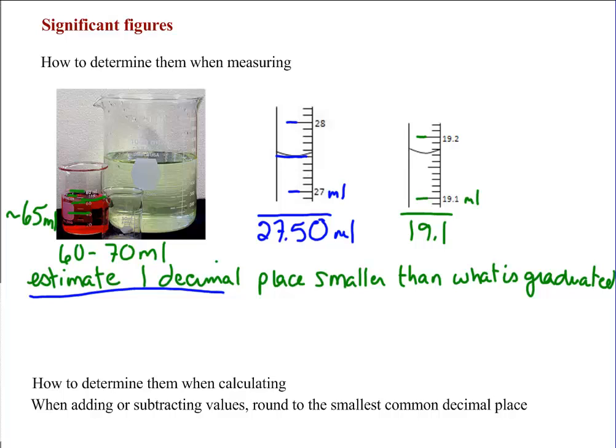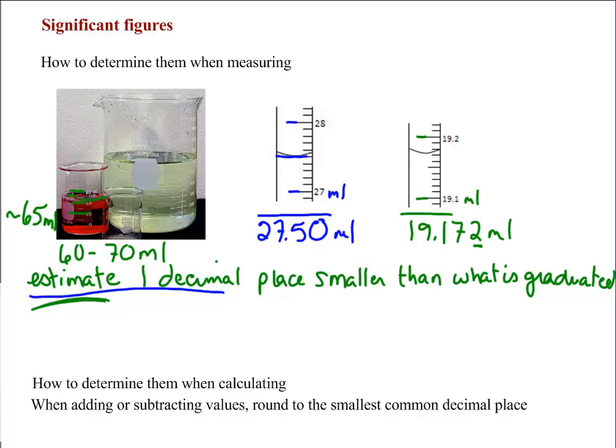There's 5, 6, 7, so it's above the 7, at least 19.17, and then it's a little bit above the 0.07 mark, but it's not to 0.08. So we're going to call it 19.172 milliliters. 19.173 milliliters, 19.171 milliliters would also be correct values because you're estimating that last decimal place.